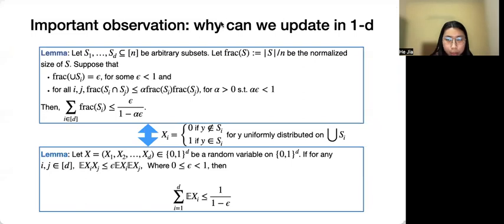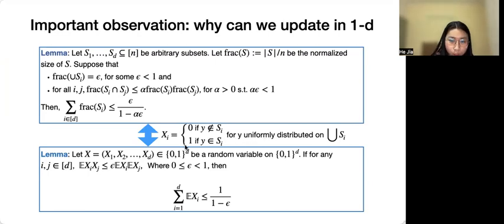This lemma is easy to prove. We can prove this by another equivalent lemma. Suppose y is uniformly distributed on the union of the Si.